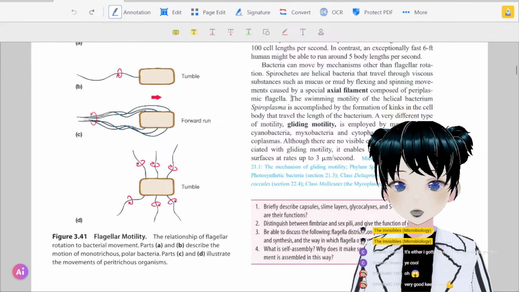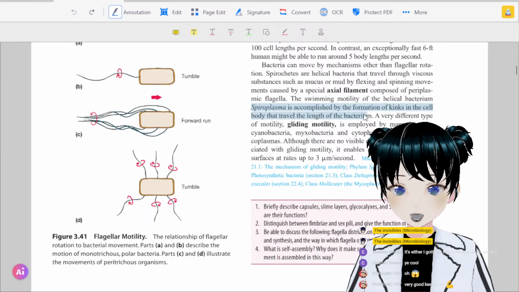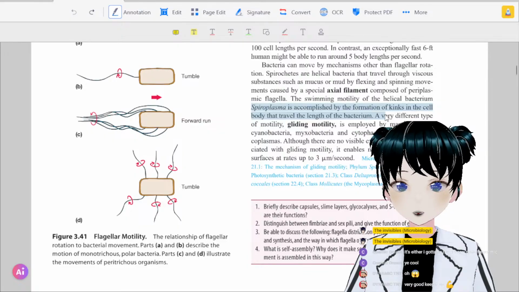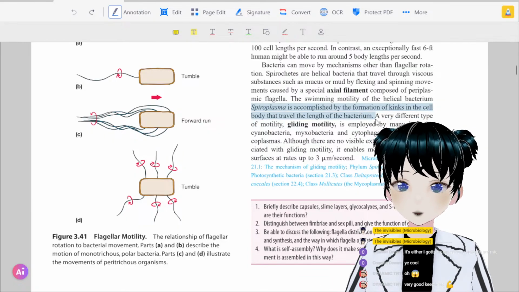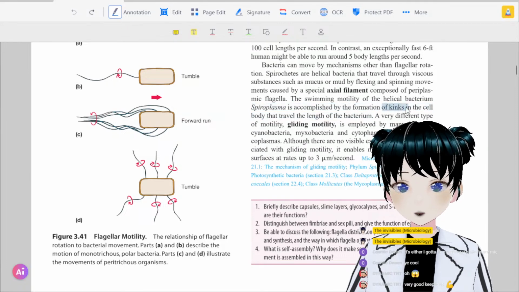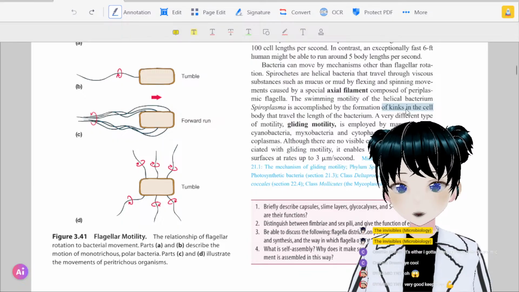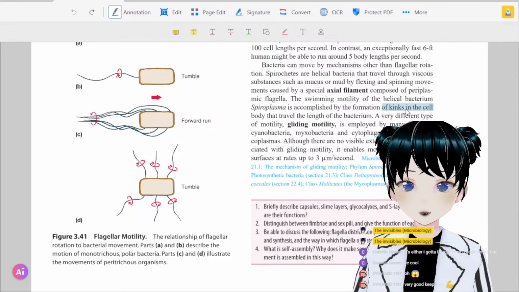It is a special type. The swimming motility of the helical bacterium Spiroplasma is accompanied by the formation of kinks in the cell body that travel through the length of the bacteria. I think it is like amoeba movement, where it drops and elongates.